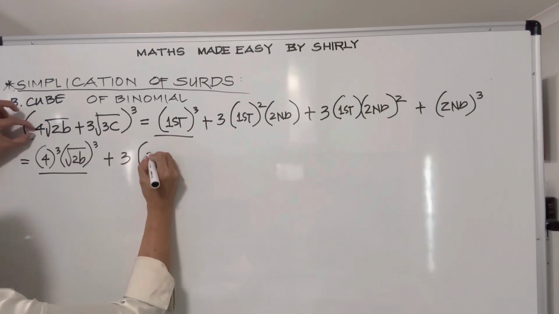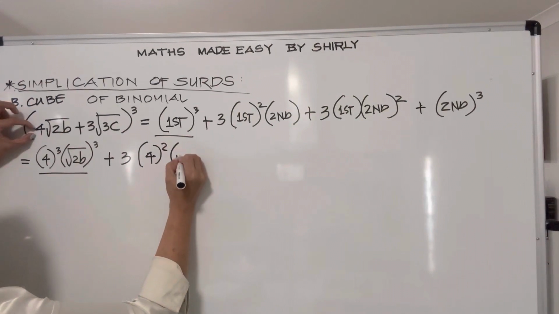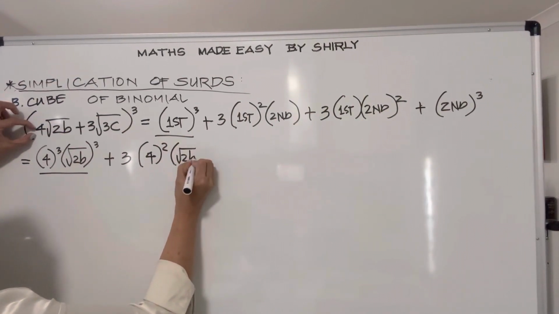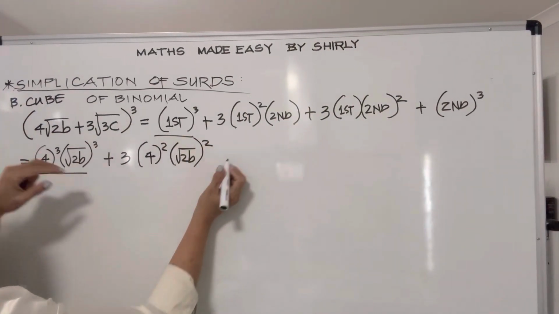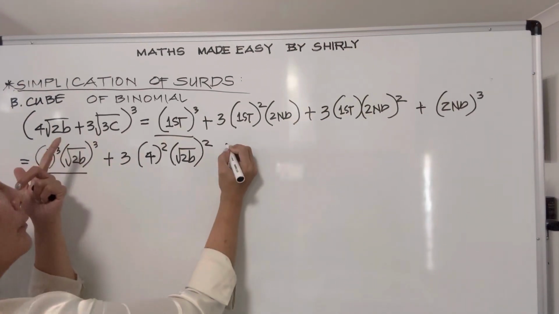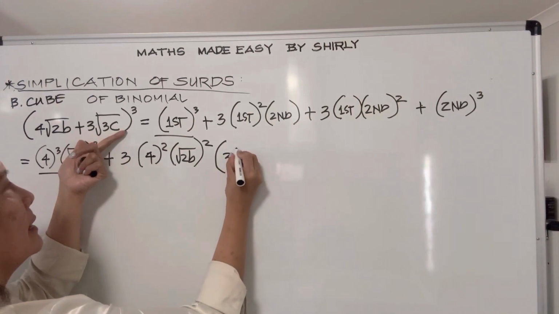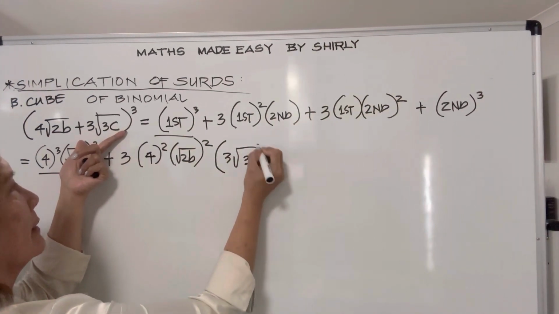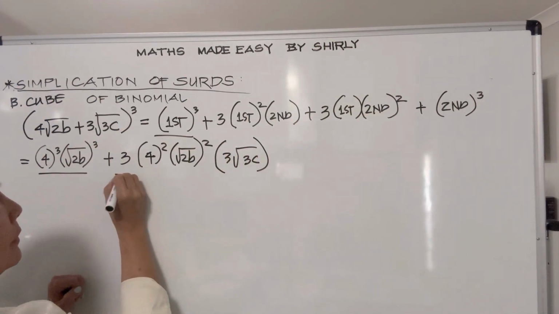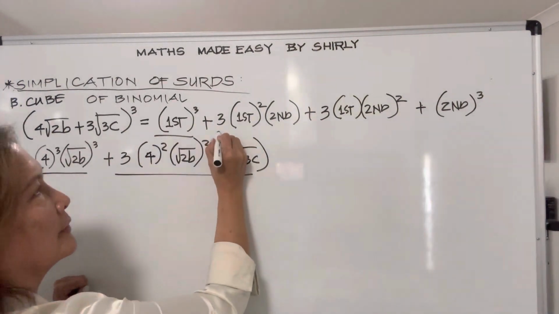The first term is 4 again. We square this, and the square of 2b. We square this again. Next, we multiply it with the second term, which is 3 square root of 3c. So this is the result of this.